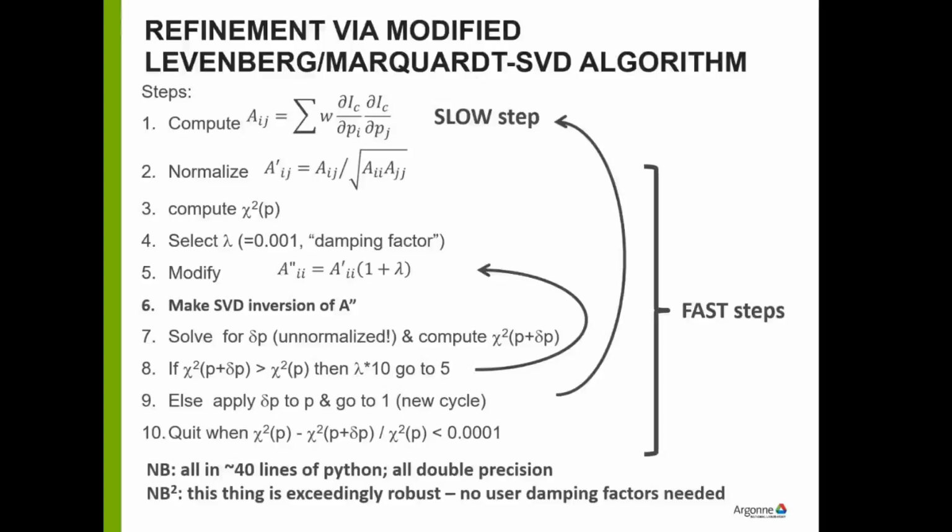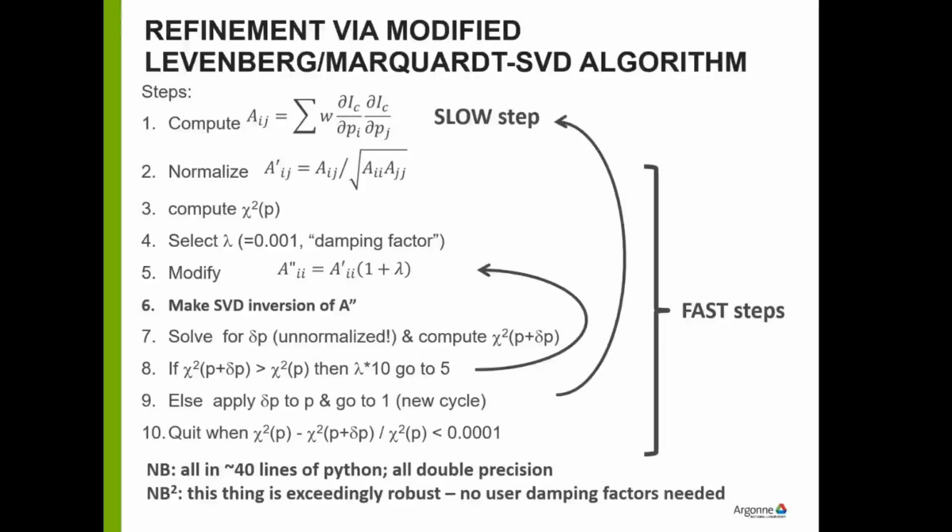You pick a damping factor and you make a modification to the diagonal. You add a little bit to it. You make an inversion, solve for delta P, apply it. If the chi-squared increases, you go back and make lambda bigger and do it again. If it goes down, you apply the shift and you go back up here and make a new matrix.